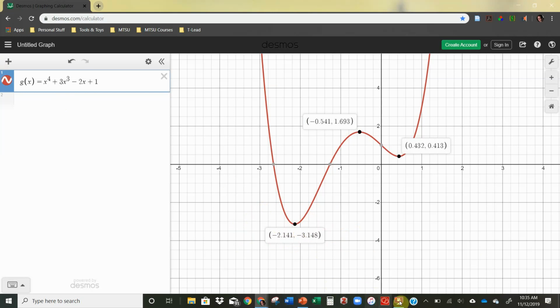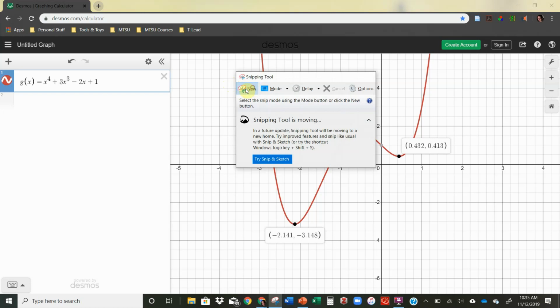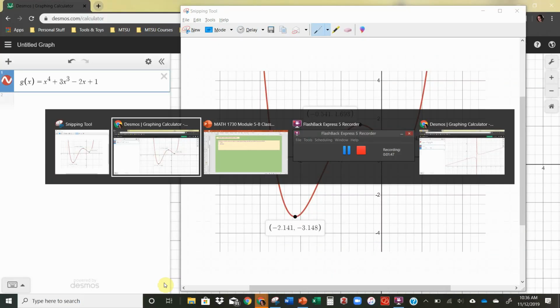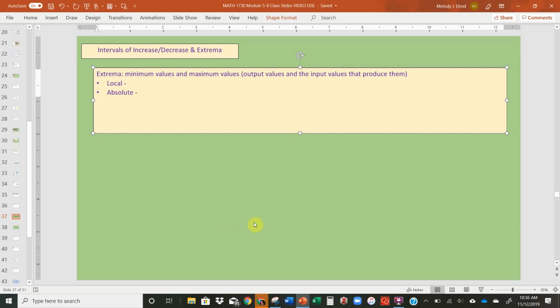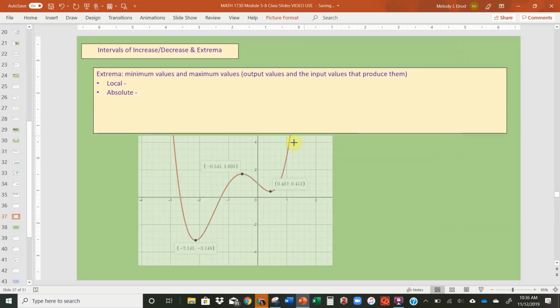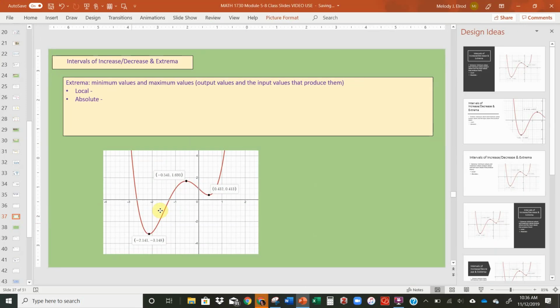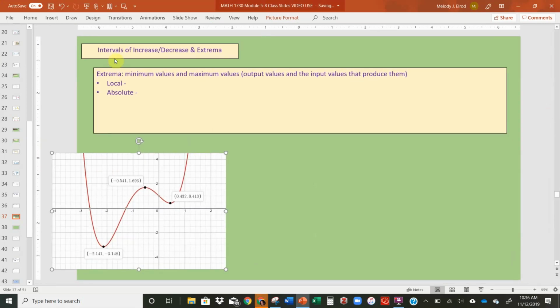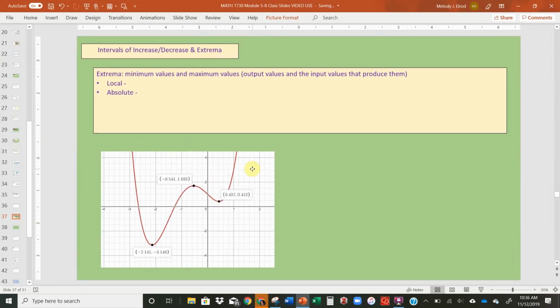In fact, let's snip this over into our PowerPoint so that we can write on it. Let's shrink it down. In this particular image, what we're looking for is that this point here is an absolute minimum.